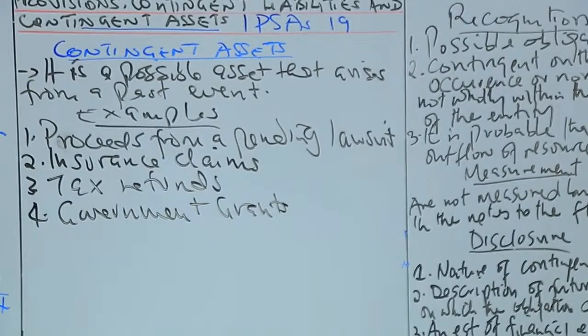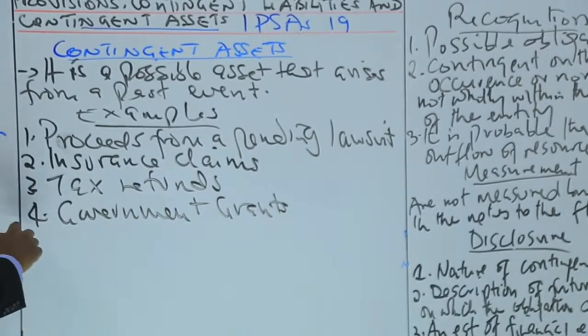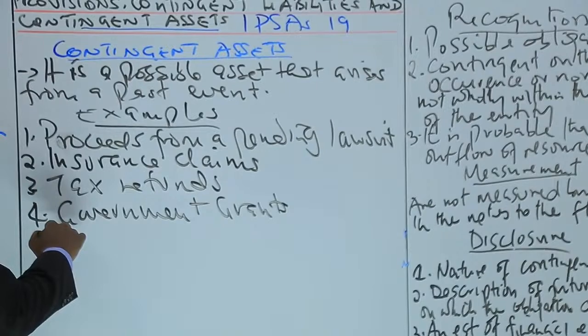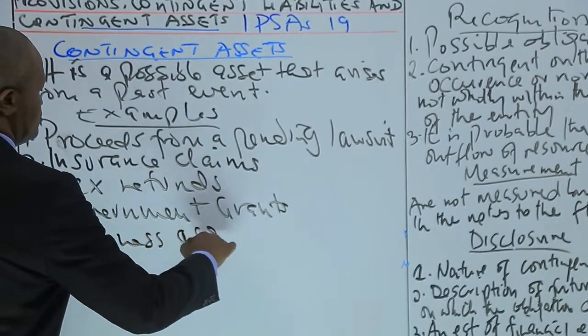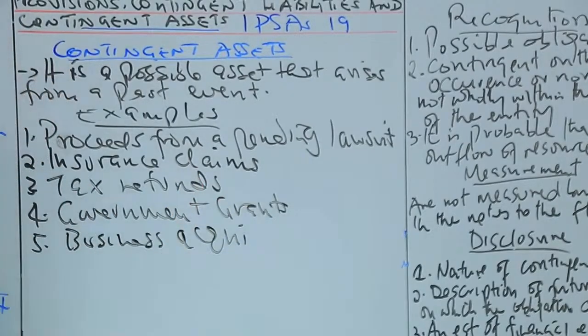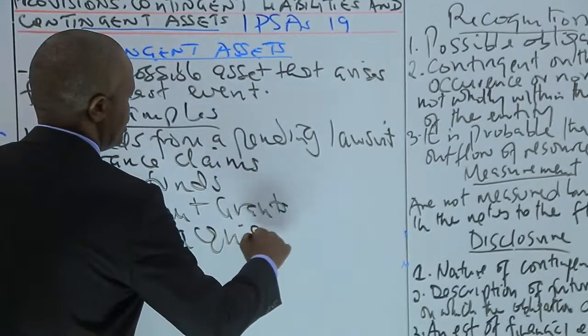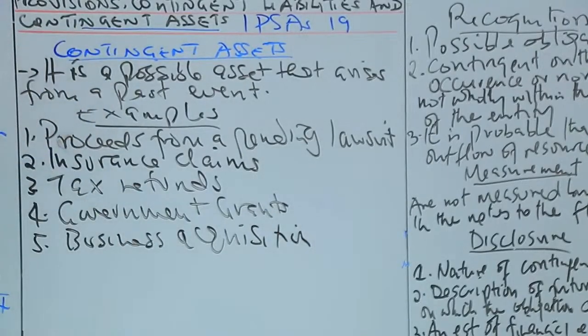There are several other types of contingent assets. We may also have contingent consideration from a business acquisition, where a company is required to get some money as a result of a business acquisition.